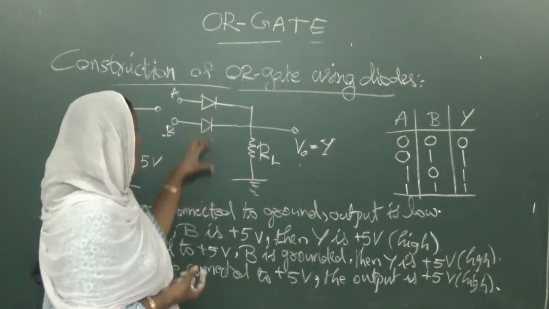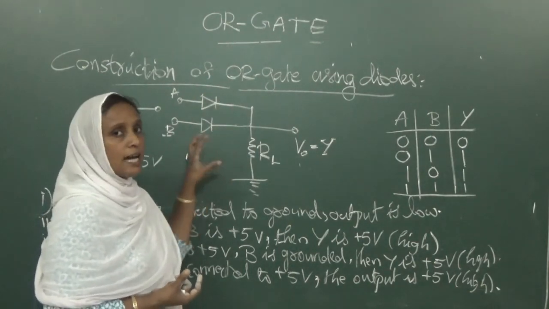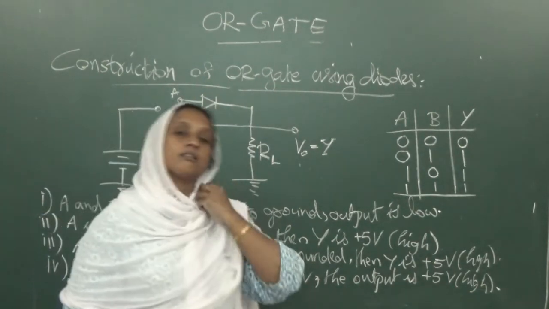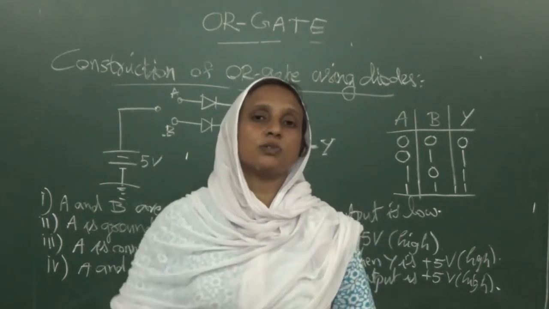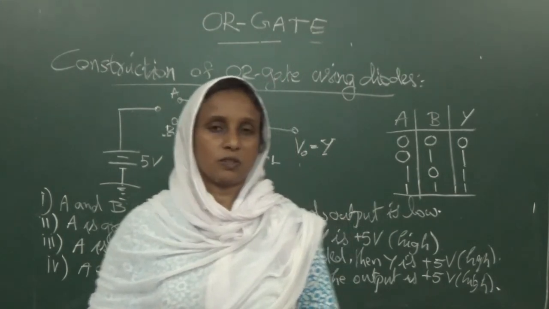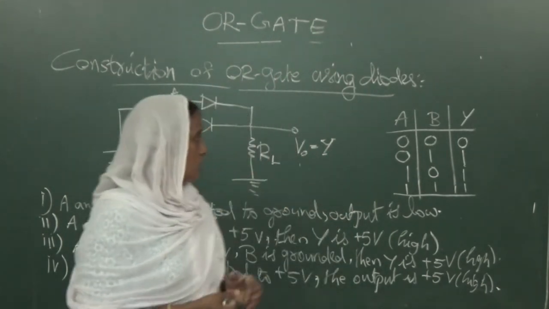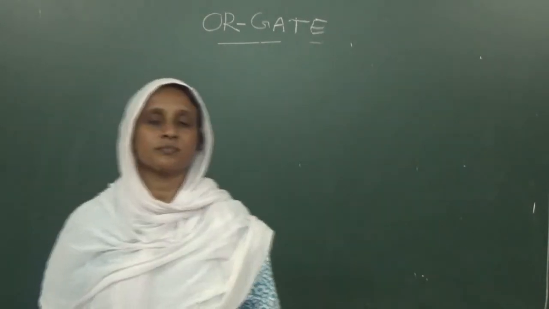If you connect them in parallel in this circuit, with as many diodes as inputs, then it will work as an n input OR gate. This is the way of constructing an OR gate in the laboratory.